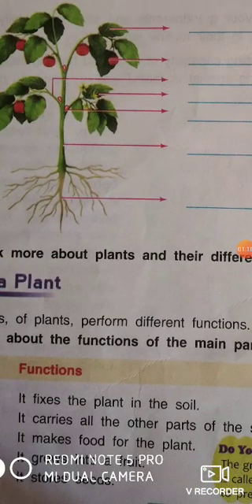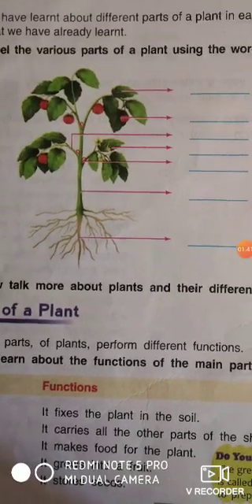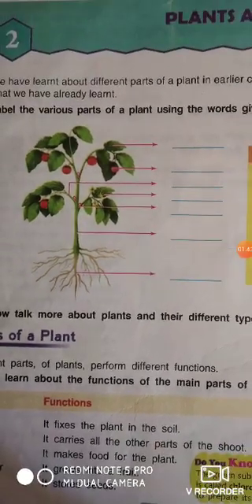The function of the leaf is to make food for the plant, and fruits store food for the plant. Fruit stores seed, and seed develops into a new plant. So this is about the functions of stem, root, and leaf.